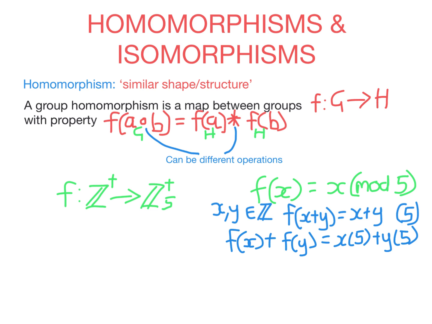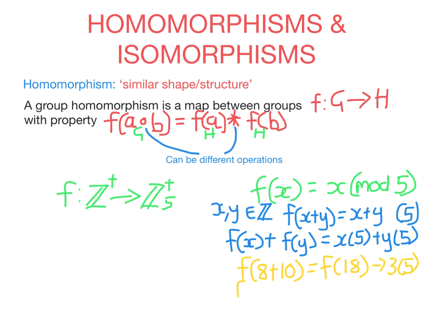As a concrete example, let's say I wanted to map 8 plus 10 in modulo 5. Well, that's the same as mapping 18 and that reduces to 3 in mod 5.